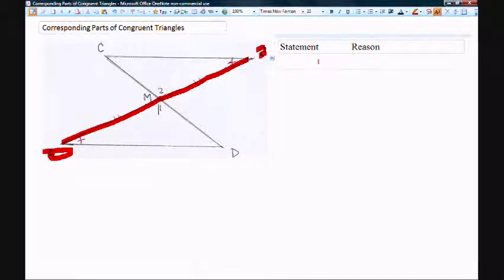As I said before, the first thing that you want to do is create a two-column table and write out what you're given. In this case, you're given that angle A is congruent to angle B, and you're also given that side AM is congruent to side MB.